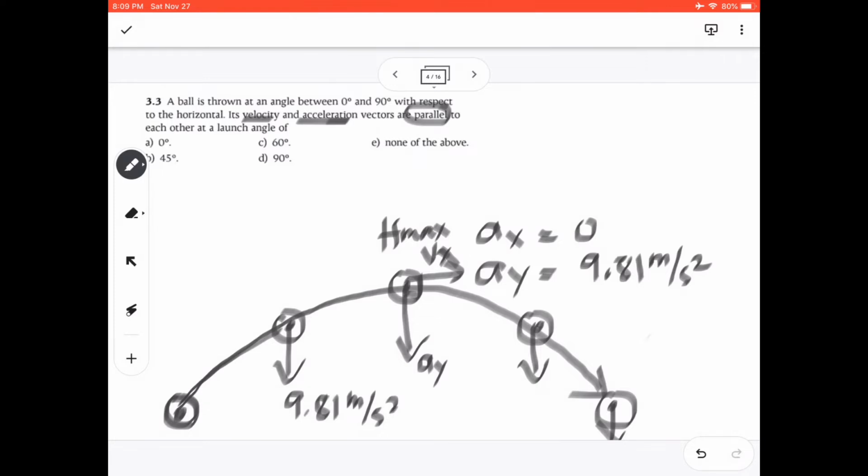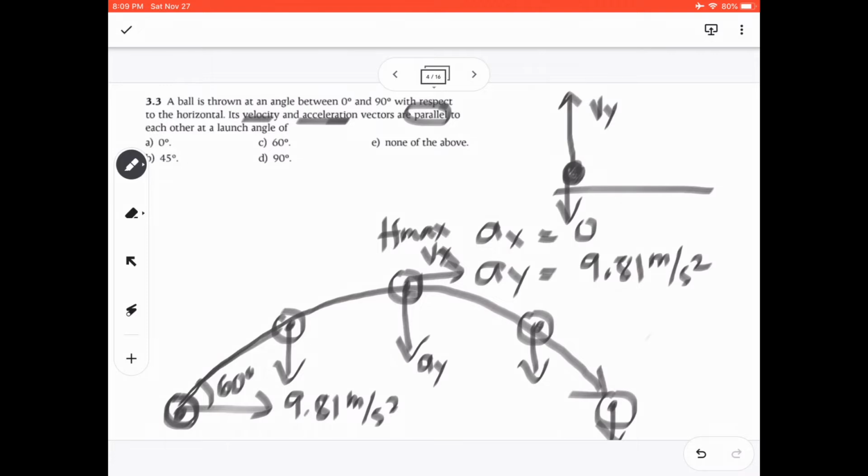At which angle is that? We will not be able to observe it if the angle is, let's say, 60 or 30 and so on. But if we launch it at 90 degrees, this is your projectile over here, this is the ground, the velocity here will be Vy, upwards, and the acceleration will be downwards as it is moving up.